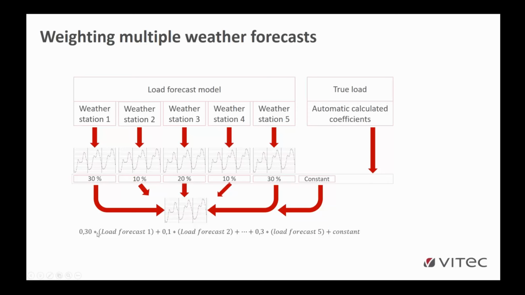And then we're adding these together to create our final forecast. And then we also have a constant that you can add as well. But this is also an optional choice, so you can shut it off if you want to.